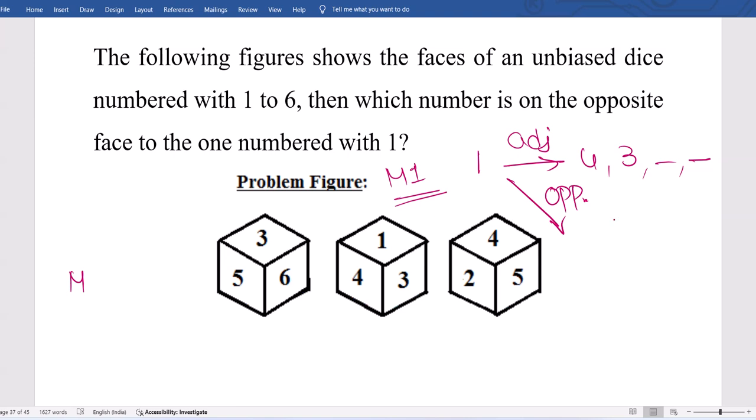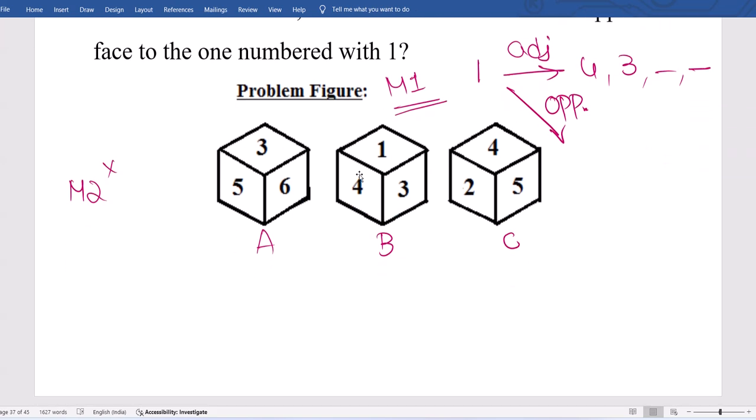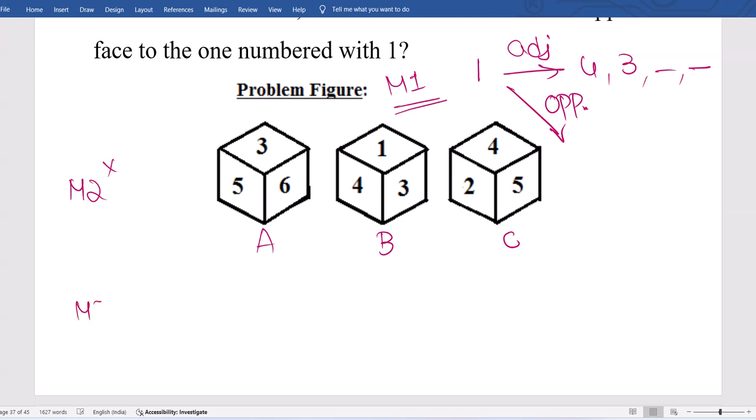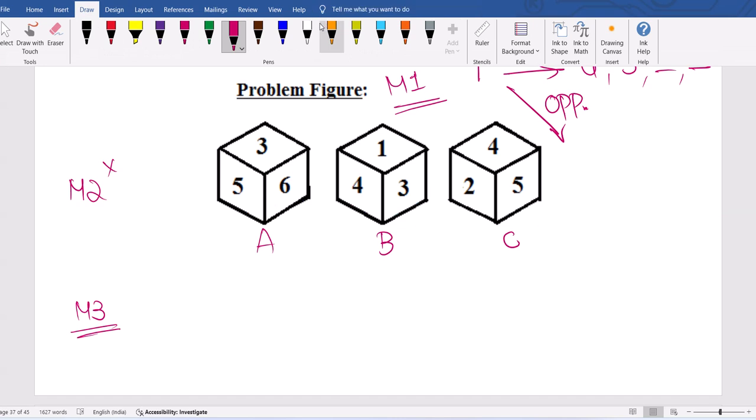Let us say these are diagrams A, B, C. Is there any diagram pair with 2 common sides? Take A and B, are there 2 common sides? A and C? B and C? No, method 2 also failed. Then method 3. What is method 3? 2 diagrams, 1 common side required. You pick any 2 diagrams with 1 common side. Which pair will you pick?